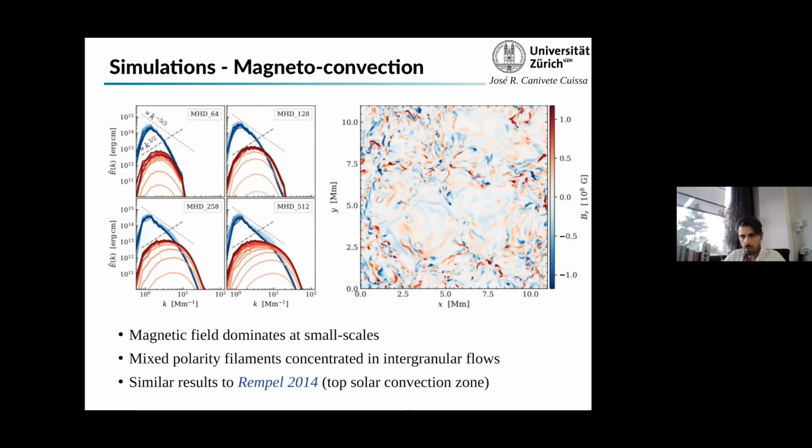You can maybe notice that there are some granules, regions where the magnetic field is quite weak, and that the strong magnetic fields are concentrated in between these granules. These results are quite similar to what, for example, Rempel found in 2014 for simulations of the top solar convection zone.